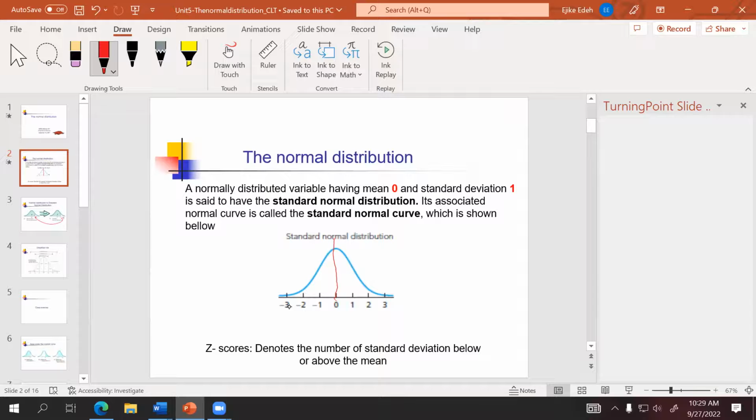And when you're solving for questions asking you for area, proportion, probability, your answer can never be negative, right? Because surface shaded area cannot be negative. But when you're dealing with a question that has to do with Z value or X data value, then you can get negative. Negative on the Z, but not on the data, right? A negative Z value will imply the data that's equivalent to that Z value is below the mean. And a positive Z value will imply the data that is equivalent to that Z value is above the mean.